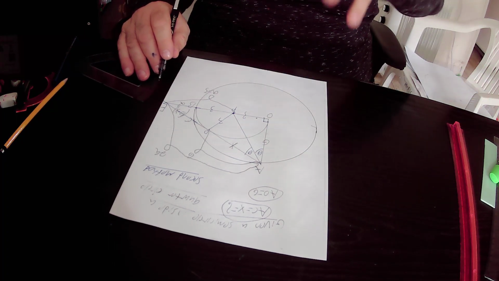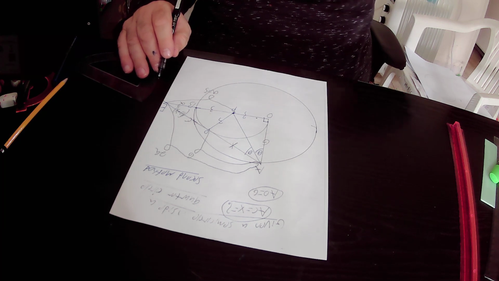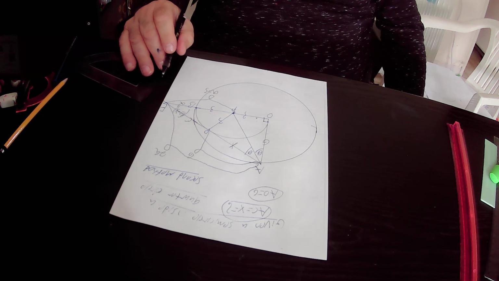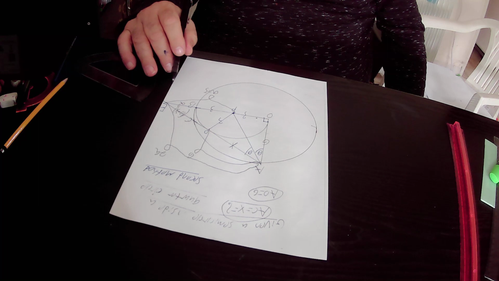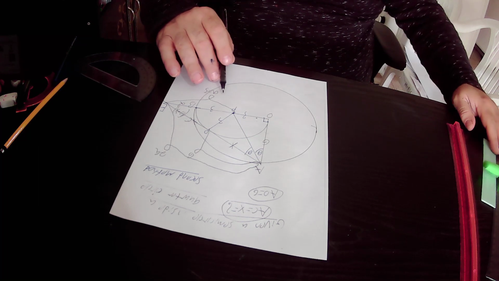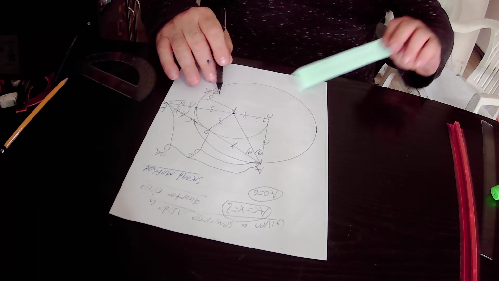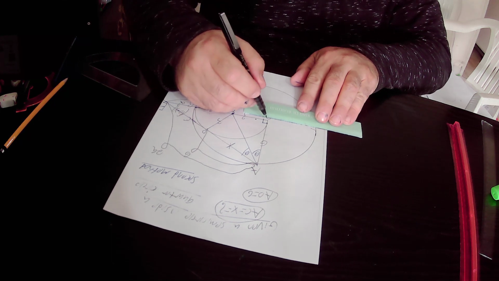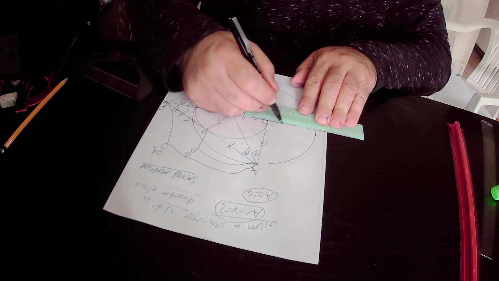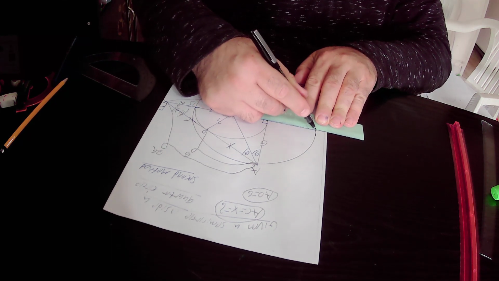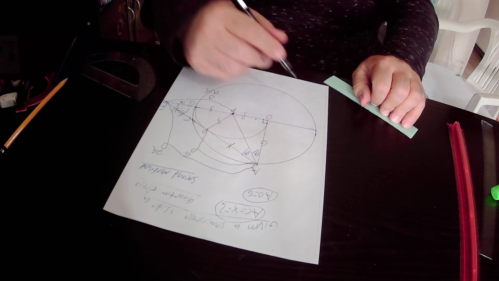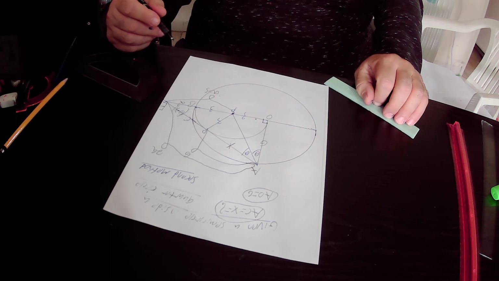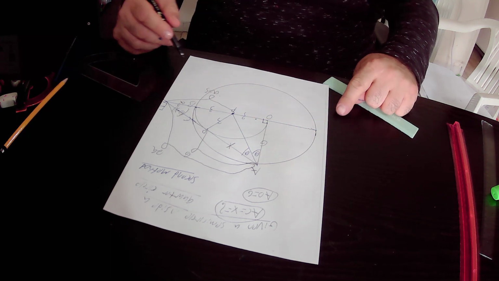So I completed the quarter circle to a circle, and we will extend line segment BO until it touches the circle. We will define the touching point of line segment BO with the circle as point M.